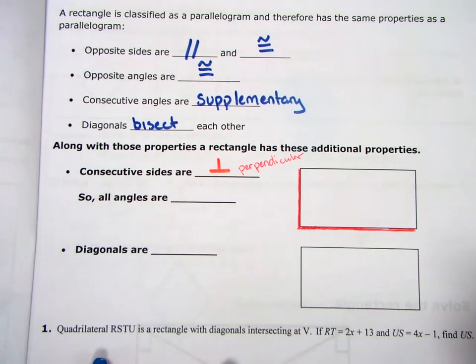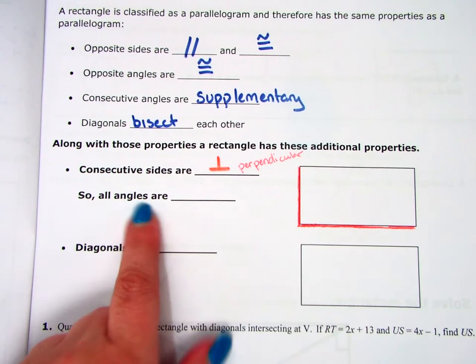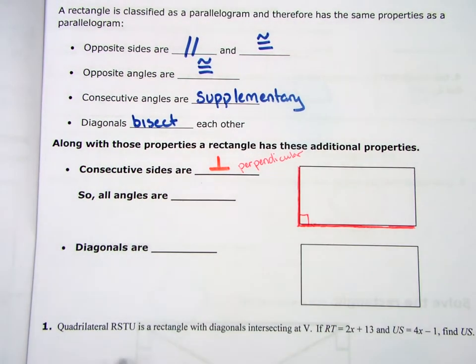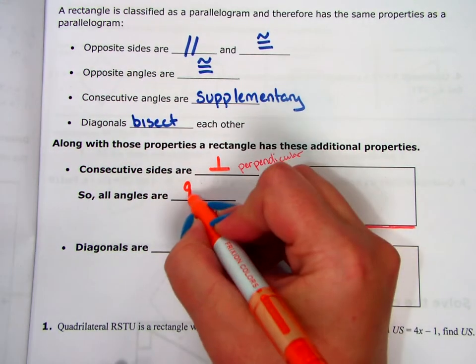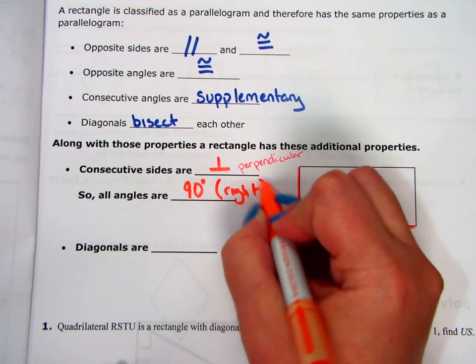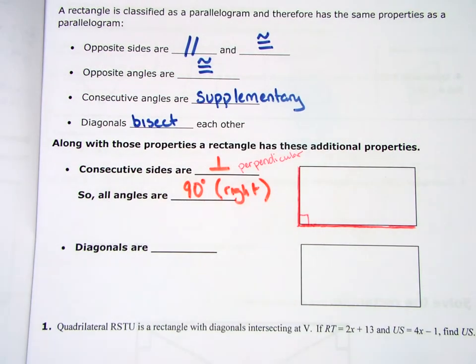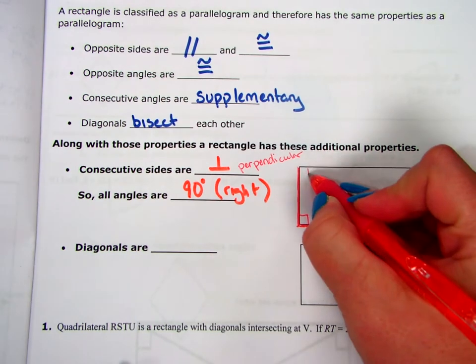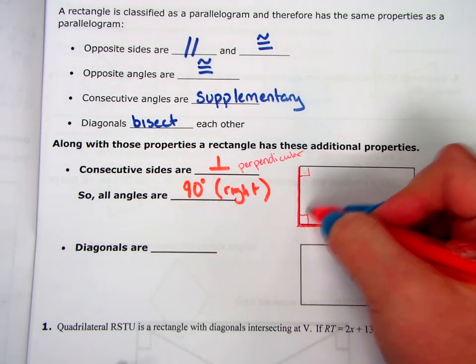Okay? And if they're perpendicular, I know that means that the angles are 90 degrees. Or you could think of them as right. Okay? And with all the other properties, we know that if these two are consecutive, then this one would also be right, which makes sense because those have to be supplementary.